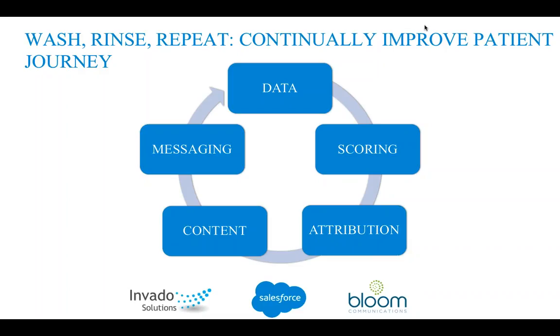Oftentimes in marketing, if the business owner or maybe an office manager is running marketing, it can be very tempting to try something once, and if it doesn't work out, they abandon it. So look at these things over time, and then from a scoring perspective, look at how qualified the leads are that are coming in. Where do they fall in the patient journey? Then under attribution, figure out where the majority of your leads are coming from. What channel or web page is most effective at converting?